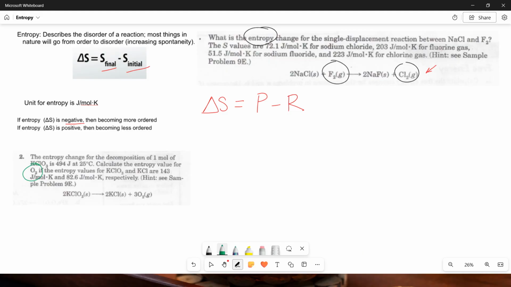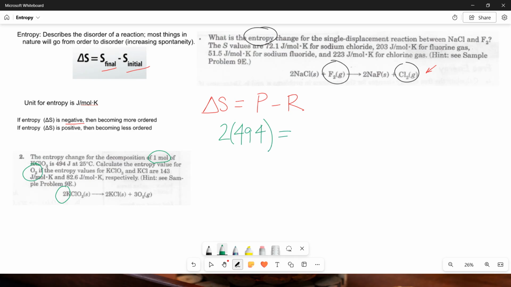So we're going to have, if you notice, this has a 2 here, and these values are for 1 mole. So I'm going to take the overall times 2, so it's going to be 2 times the 494 that they gave us.